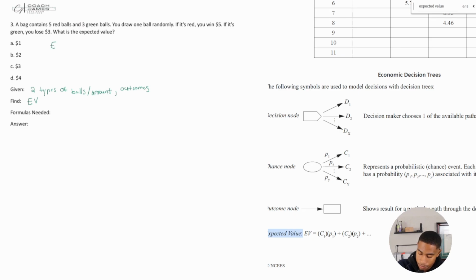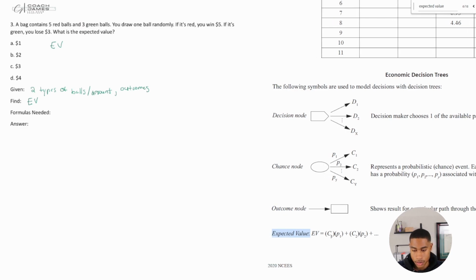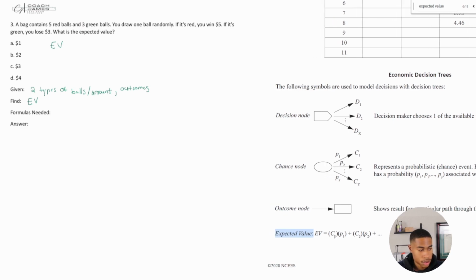EV, we're going to use the same equation, right? Expected value is equal to C1 times P1 plus C2 times P2. Okay. So now what's the first option? Well, we win $5.